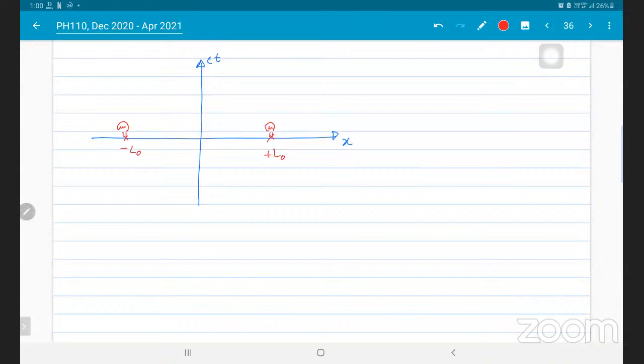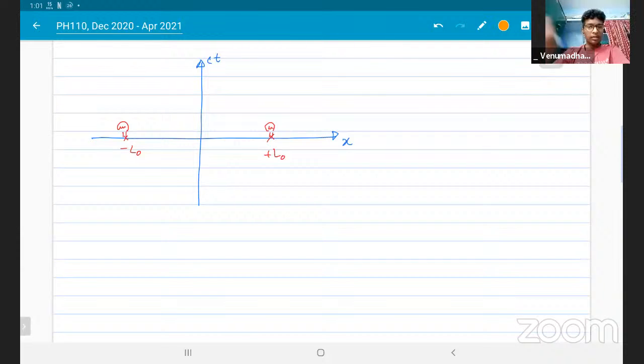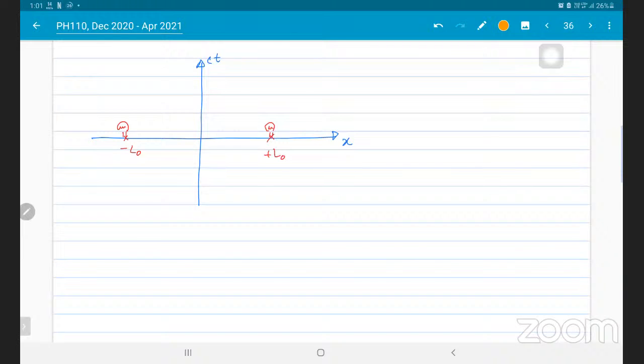Now, what will be the angle at which the light will travel? If I draw a beam of light going out from this point, what will it look like? It will be at an angle of 45, sir, as it's light. And what will be the intersection with the x-axis?